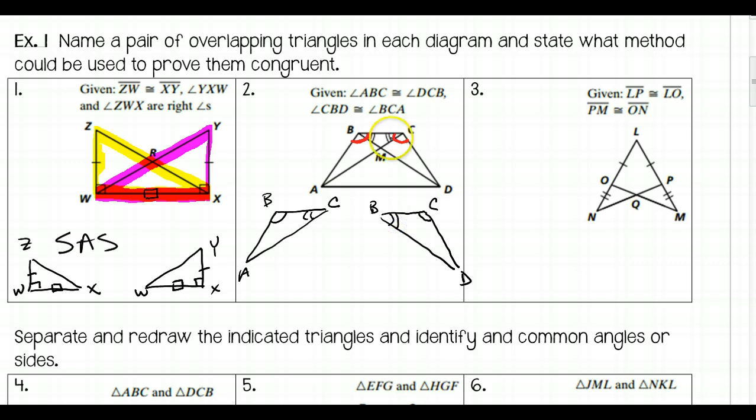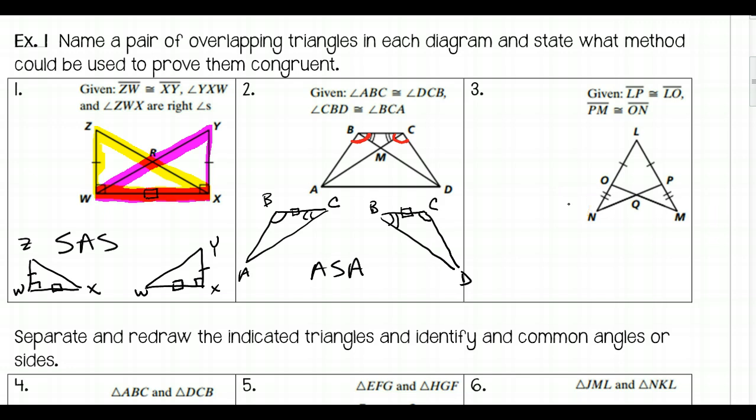We can see in the picture up here that they overlap at BC. We also see over here, here's BC and here's segment BC. So this, again, would be a reflexive side. So we would be able to prove that these two triangles are congruent by angle, side, angle. This is a really good case for drawing these two triangles separately. It's really going to make things much more clear.